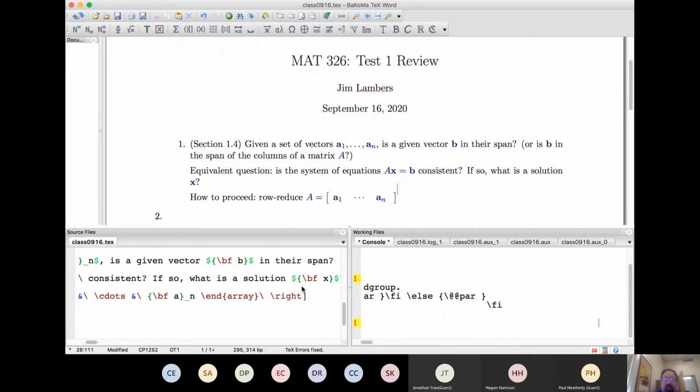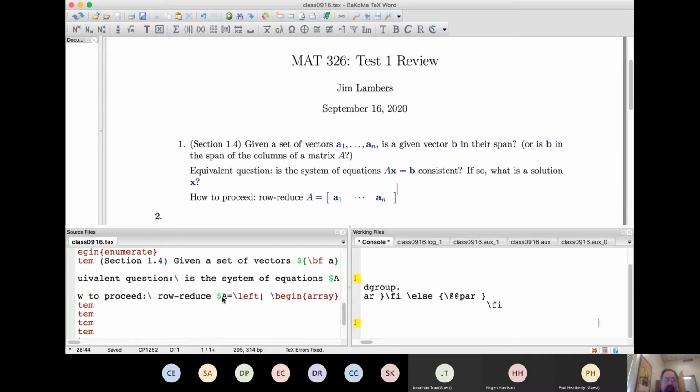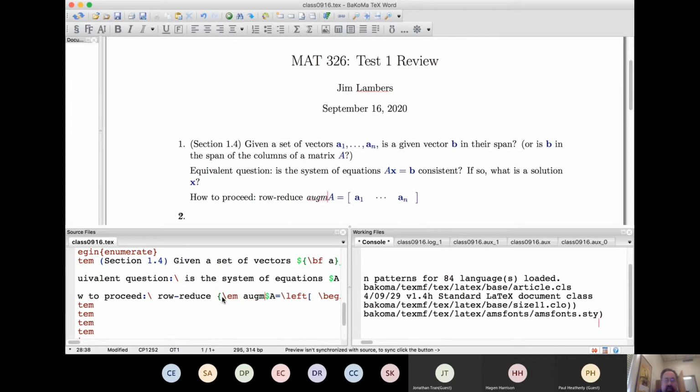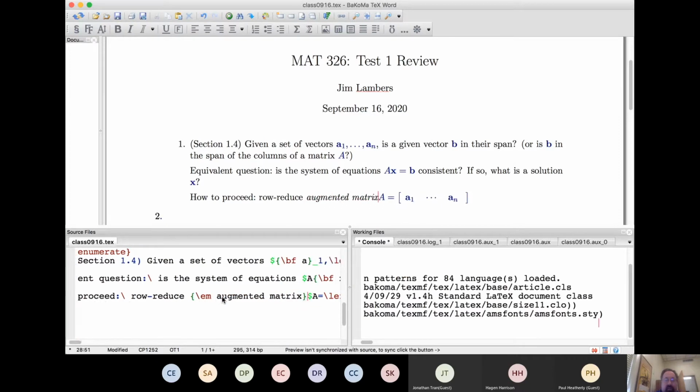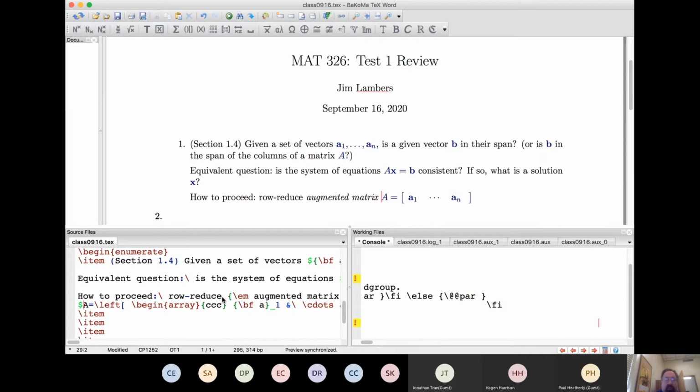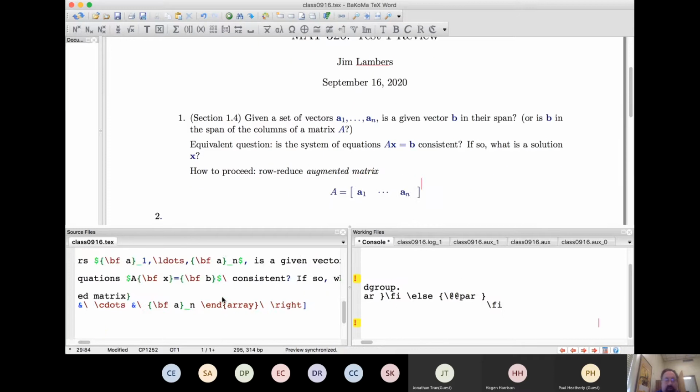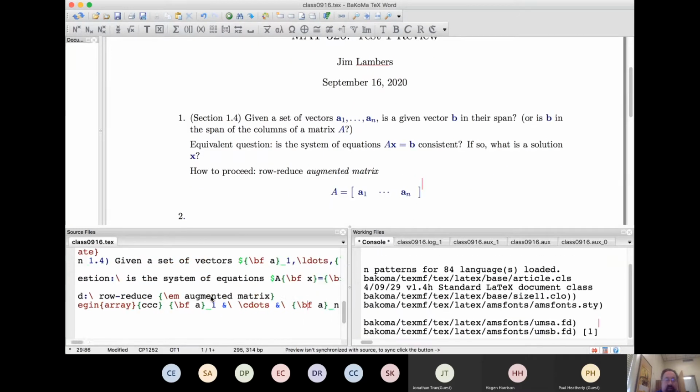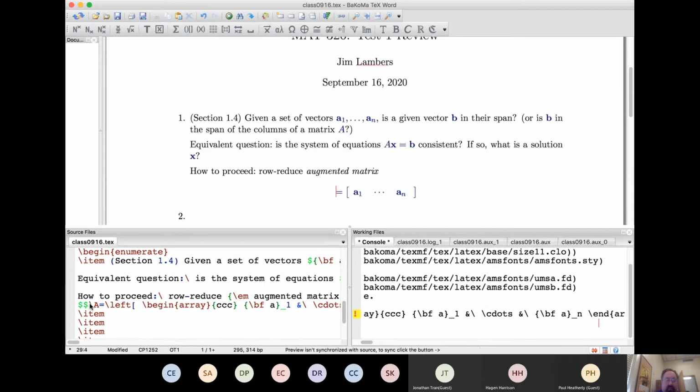Okay. And actually, it's not just A. It's the augmented matrix, which sometimes I've written it this way.